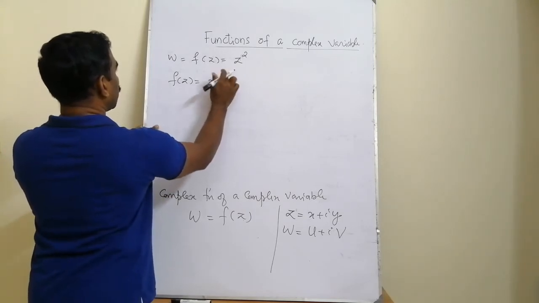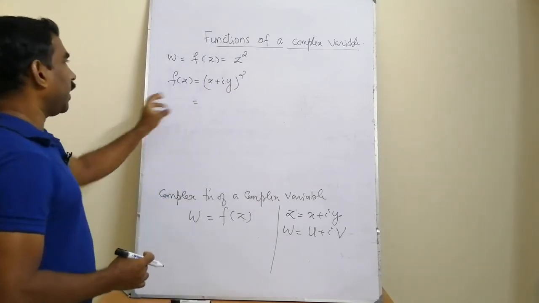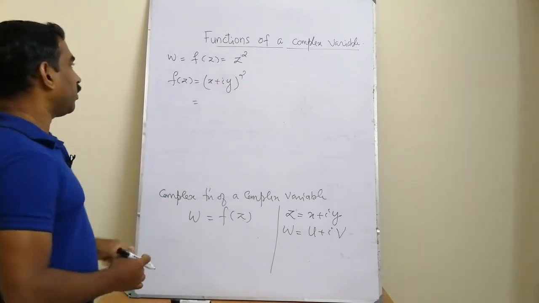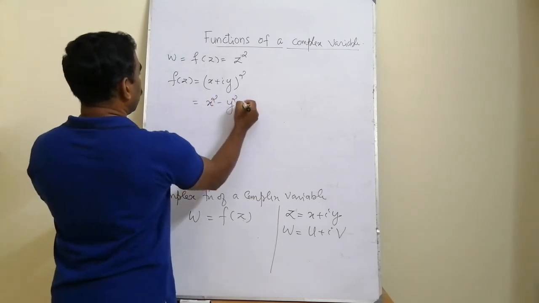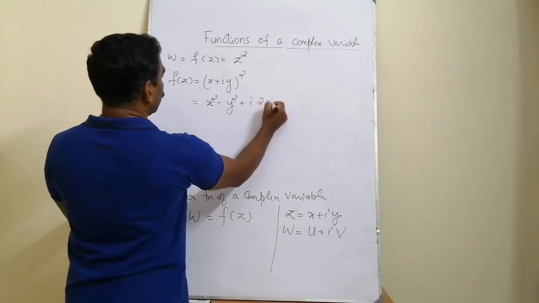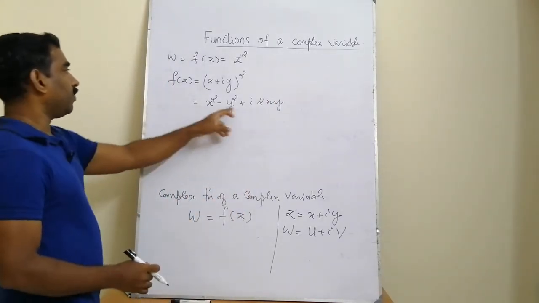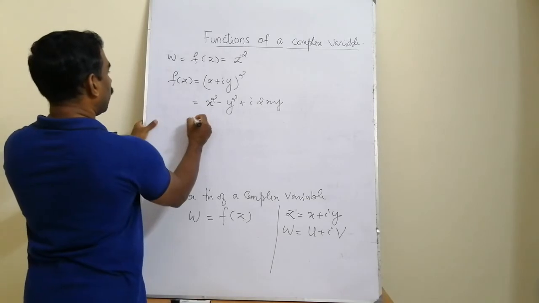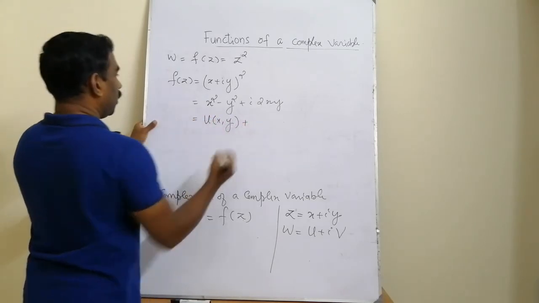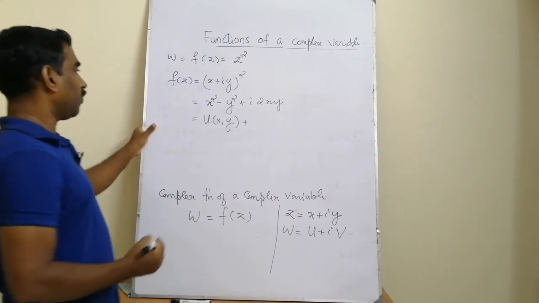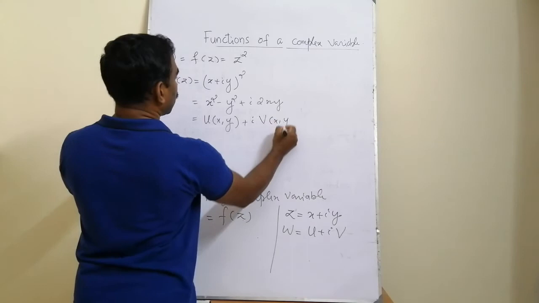Multiplying x plus iy into x plus iy by our multiplication rule, we can see that this becomes x square minus y square, that will be the real part, plus i into 2xy, this is the imaginary part. Here x and y are real variables, so we can call this a new function u of x comma y, and another function of x and y as v of x comma y.